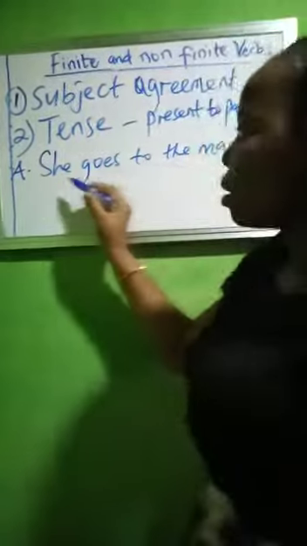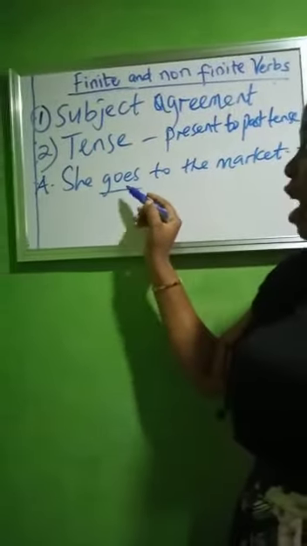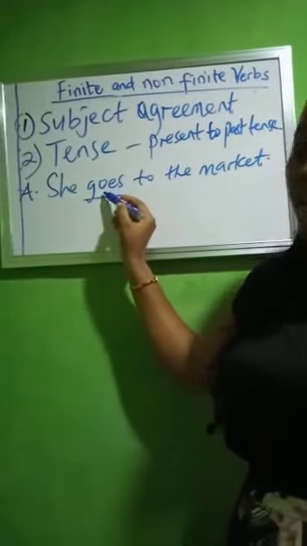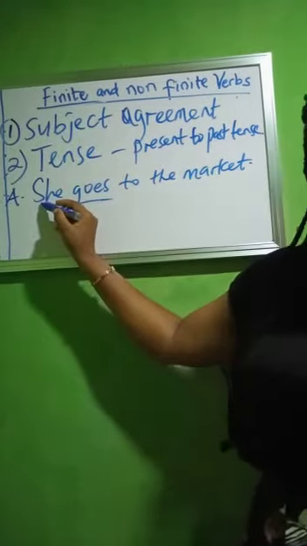The first example: she goes to the market. Goes is the finite verb here because a finite verb needs to agree with the subject, and this is a singular verb and it is agreeing with a singular subject.